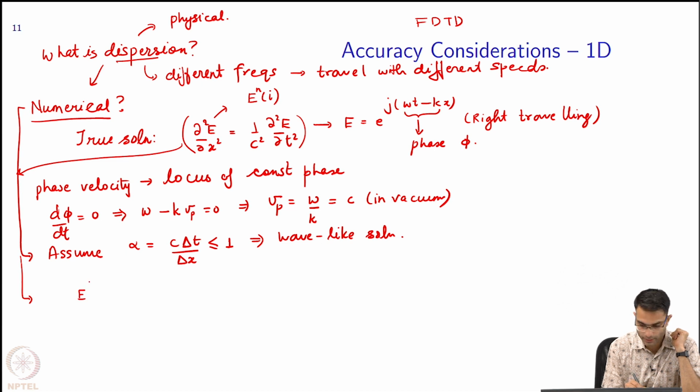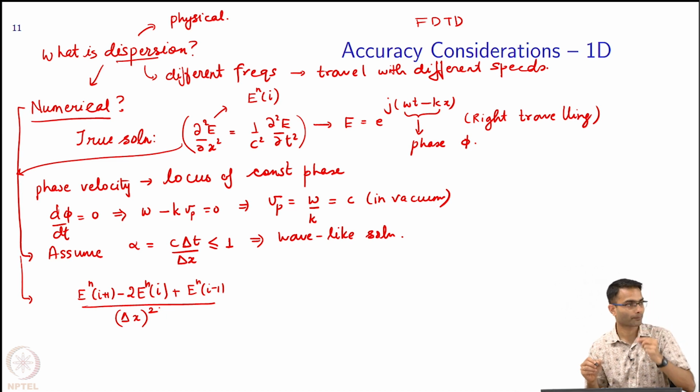Yeah. So, E n I plus 1, minus 2 E n I, plus E n I minus 1, whole thing divided by delta x squared. I do not need 2 here.